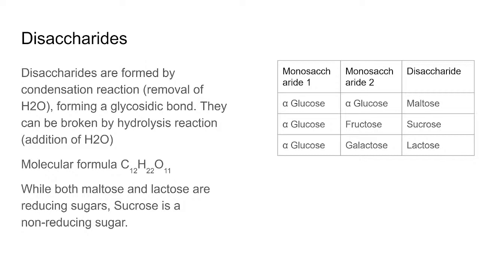Your molecular formula for these is 2 glucose added together minus water, that's C12H22O11. While both maltose and lactose are reducing sugars, so that means they can be oxidized, or they give off a hydrogen, I'm pretty sure, sucrose cannot, and we'll talk a bit about that later.